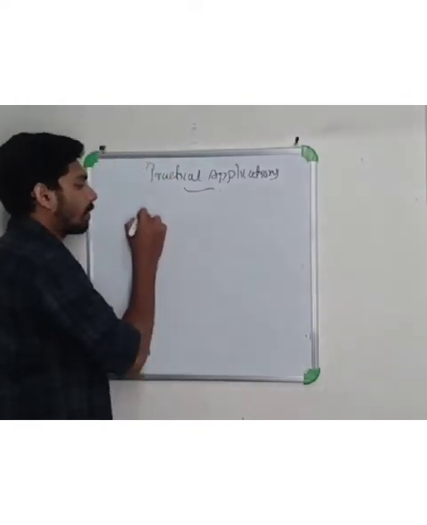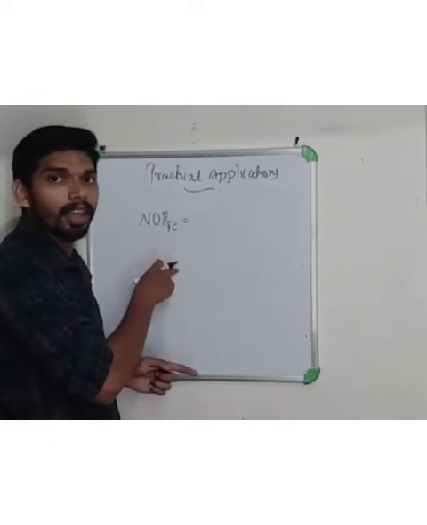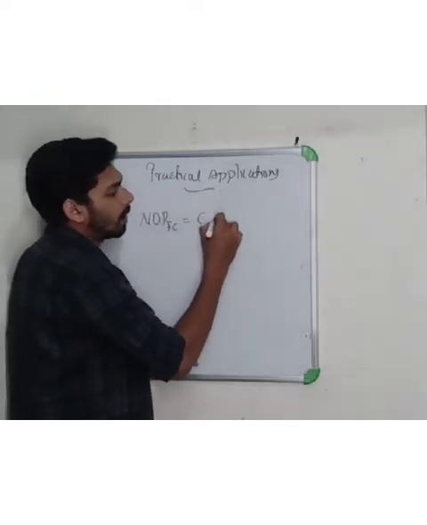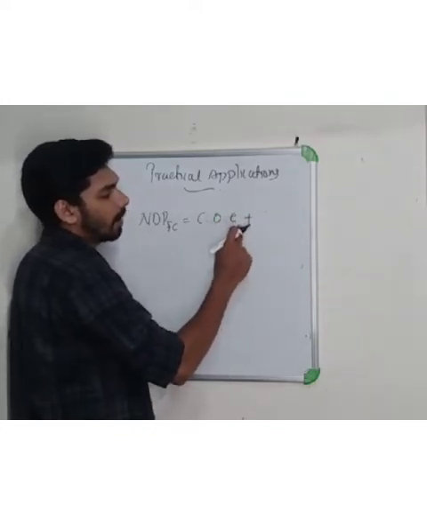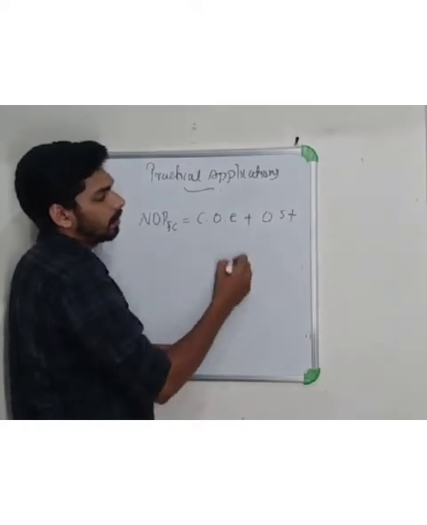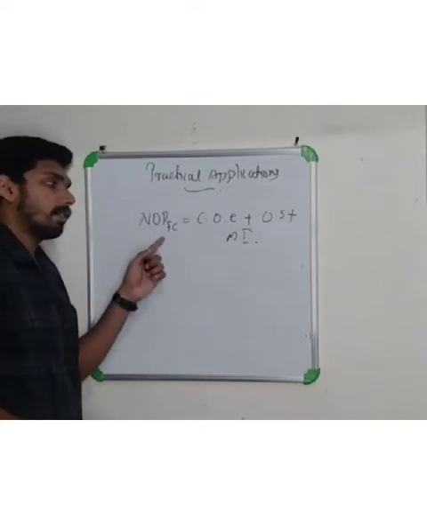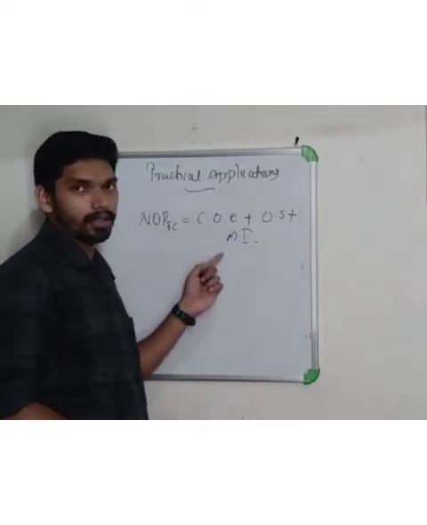In order to find NDP at factor cost, this is the domestic income, we have compensation of employees plus operating surplus plus mixed income.